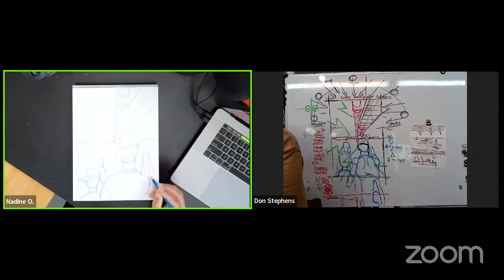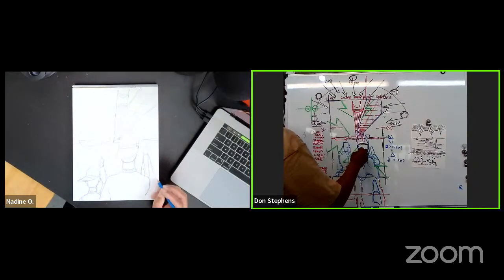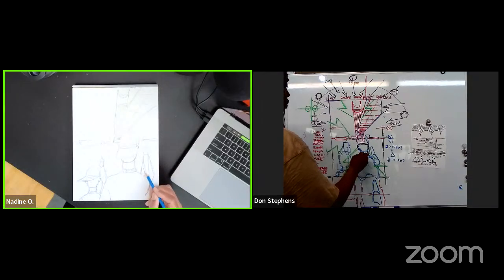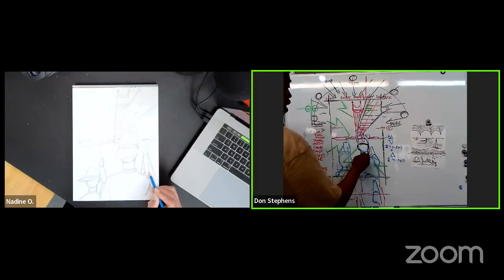I made a male. Okay, we can make it male with the neck a little bit broader. You see? Put the traps in. T-shirt, right? You put the roundness of the T-shirt right here. Trap to the shoulder.